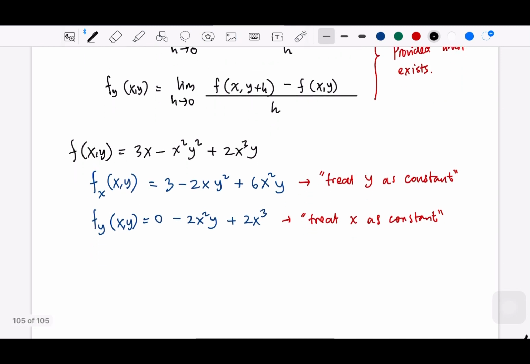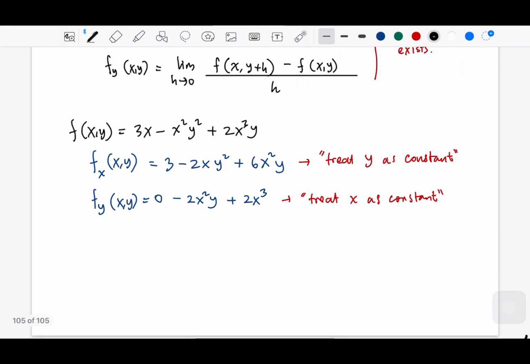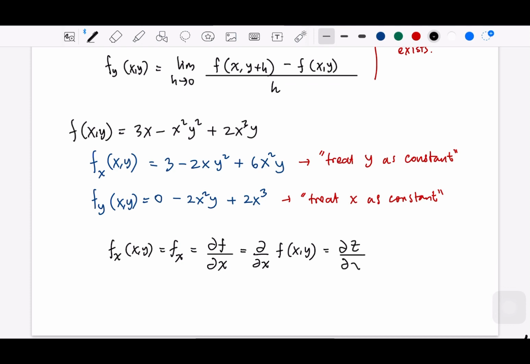Okay, so we can write the symbols. We can write the partial x, or just partial x, or with Leibniz notation, or take z as our function, or we can write it with f_x.